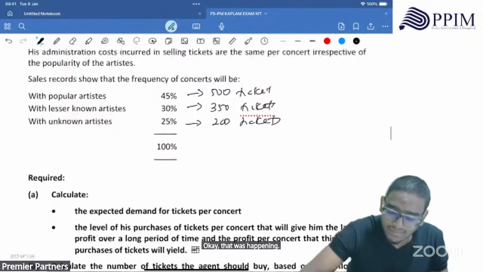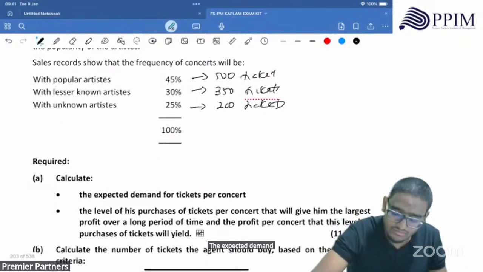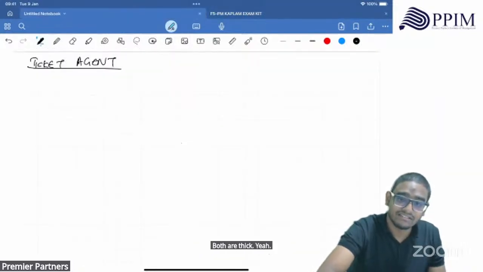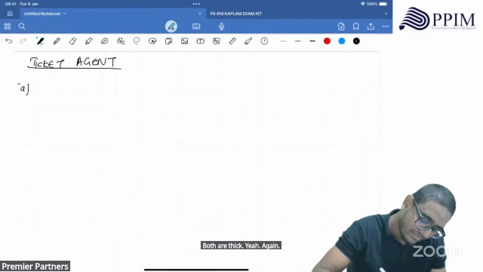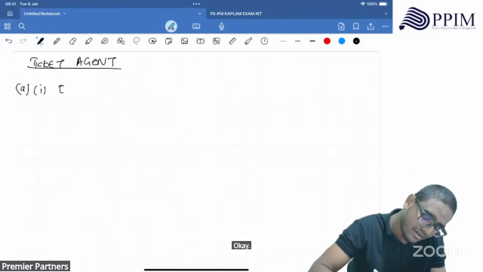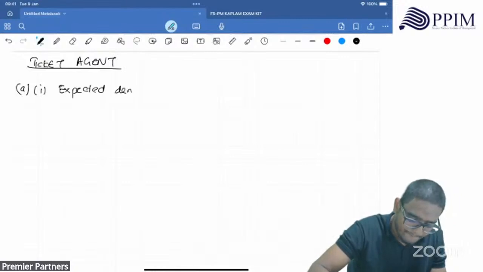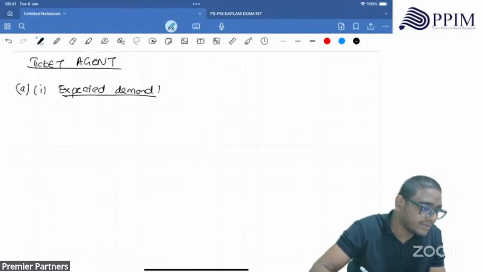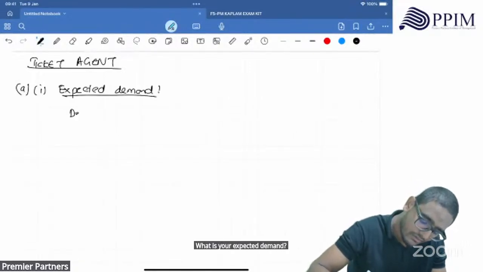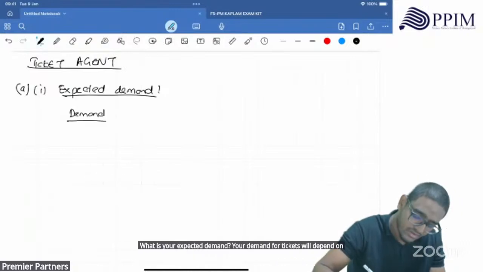So expected demand for tickets. Okay. Expected demand. What is your expected demand? Your demand for tickets will depend on the popularity.